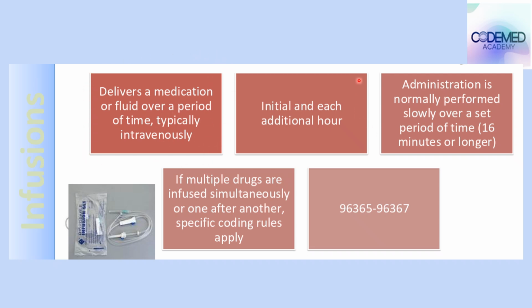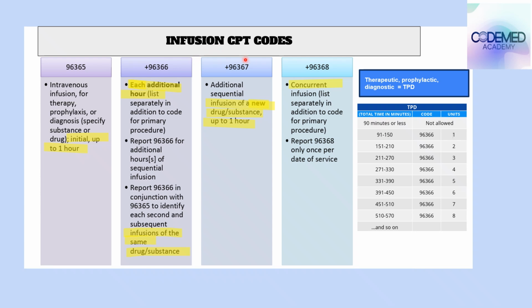Okay, and we have the initial and each additional hour code. So the code range is this. What you have understood is infusion is nothing but when the drug is given intravenously and usually the time period is more than 16 minutes.